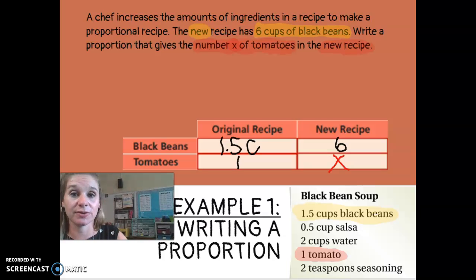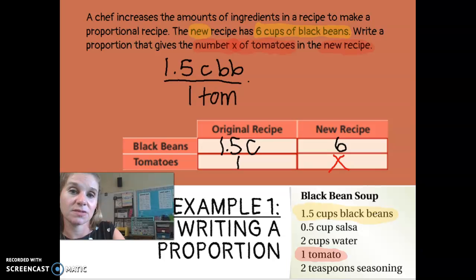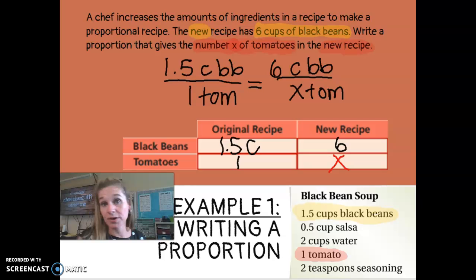So we'll take the original recipe, which was 1.5 cups, and I'm just going to call it black beans, BB, over 1 tomato, equals 6 cups of black beans for how many tomatoes? And that's one of the proportions that we could write, and that's the exact proportion that we would write for this scenario.